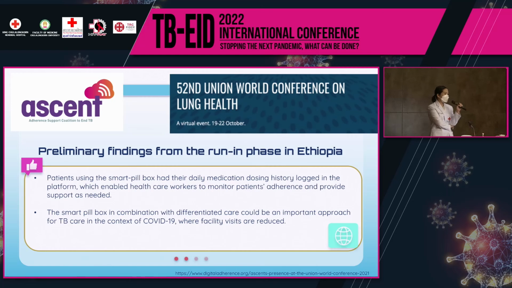They show that patients who used the smart pill box with medication dosing history on a log-in platform improved their adherence. And the smart pill box combined with differentiated care could be an important approach for TB care in the context of COVID-19, where facility visits are reduced.